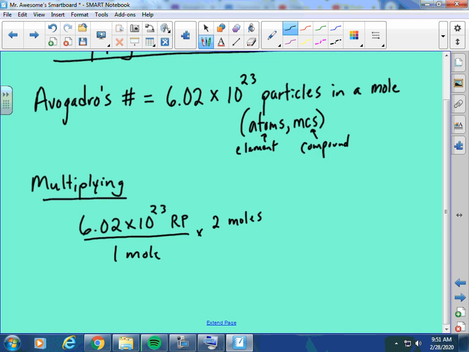Well, 2 is not in scientific notation. It's just a normal number, right? So all we have to do, real simple, is take the normal number and multiply by the normal part. So I would take 6.02 times 2.